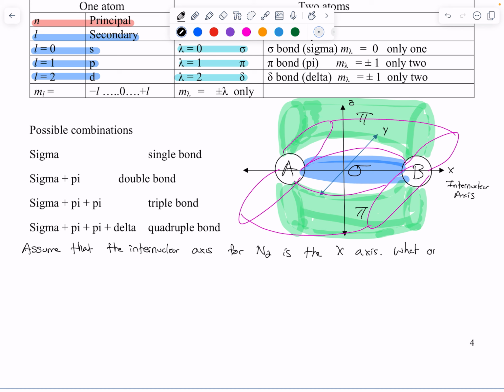What orbitals from each N contribute to a sigma bond and to the pi bonds?